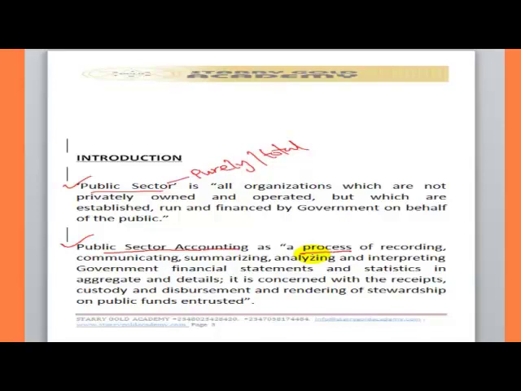So government has a responsibility to give account of the taxpayers' money in their custody, just like we have in the private sector. When they appoint the board of directors, these directors are appointed by the shareholders, and they were given certain resources to hold in fiduciary, to hold in trust, and to use to trade and do business.